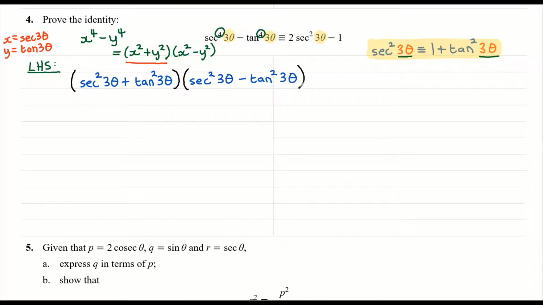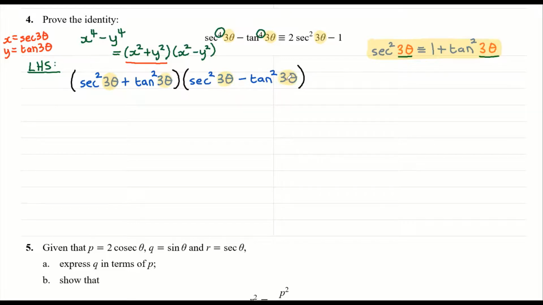Okay, that's the most important step and perhaps the hardest step of the proof. Okay, but you can see now we're only dealing with sec squareds and tan squareds. Okay, and I'm being consistent across the board here and making sure we're putting 3 theta in all the way across. Okay, that's the name of the angle. That's what it's been assigned, so we have to use it.